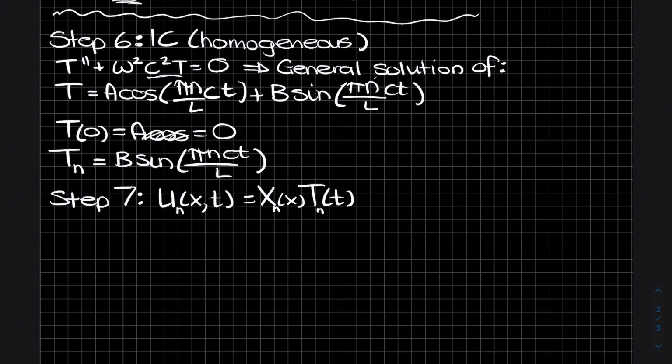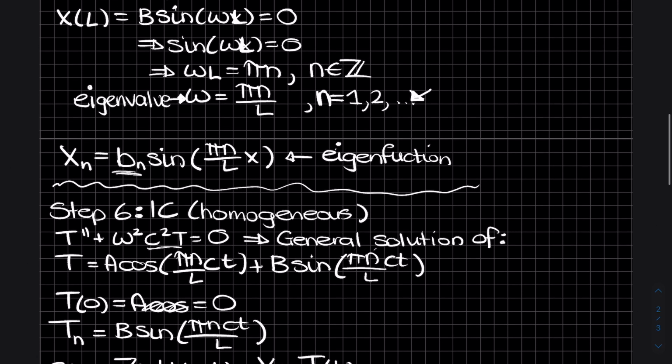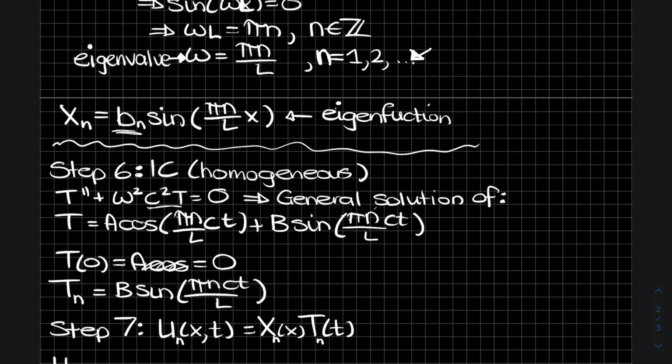So we know what x of n and t of n are now. So if we write our u of n equals our x of n is up here, and then we have, right here you're going to see that I've got a constant here and a constant here, which should have an n.